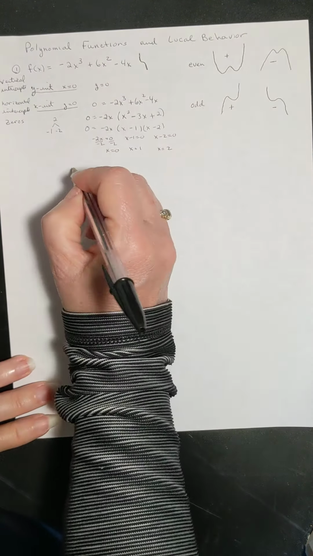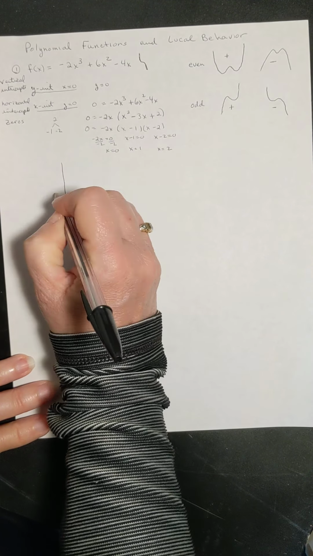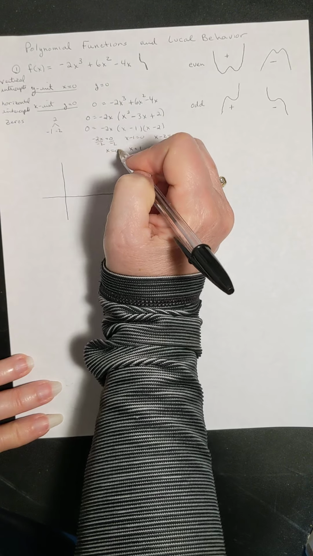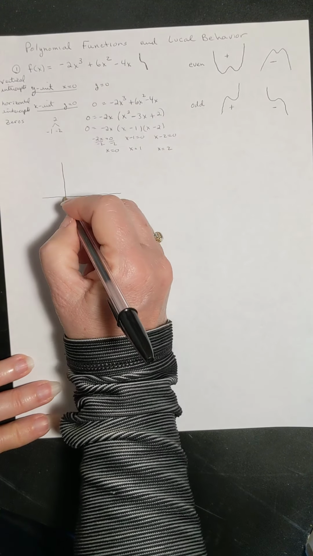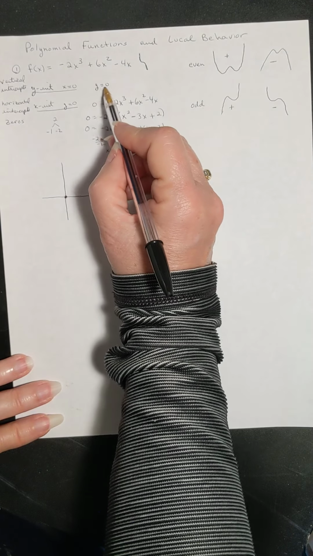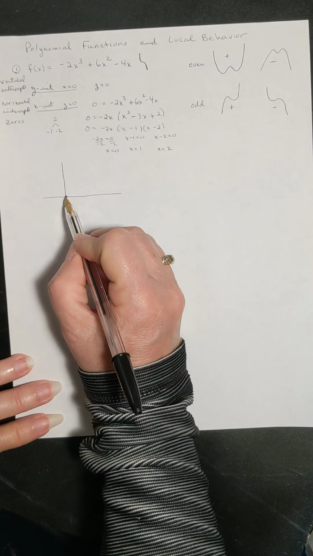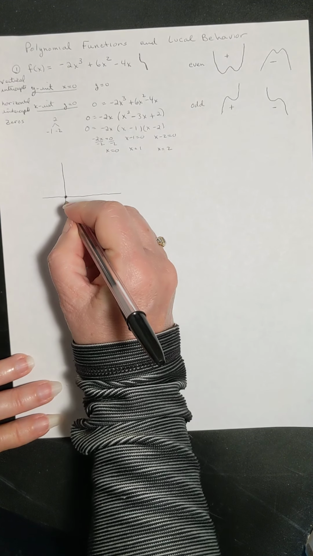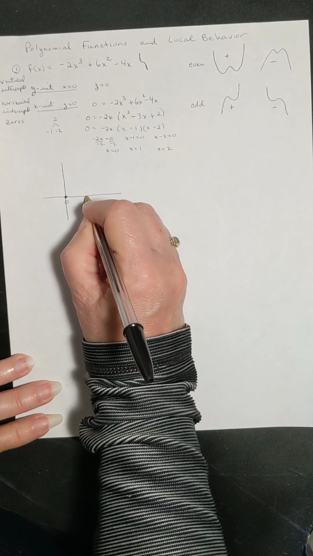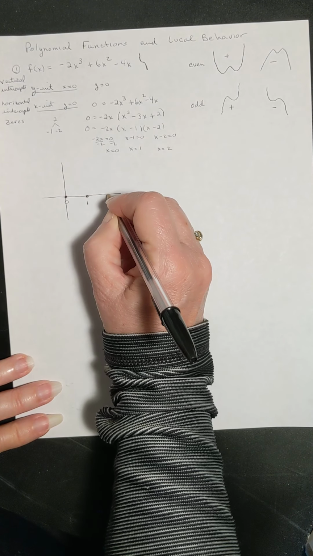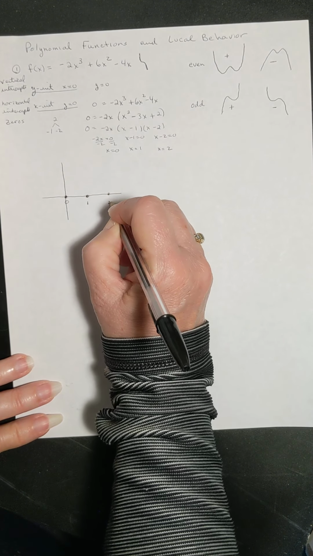So now let's draw it. So notice here that I have an x-intercept and a y-intercept of 0. And that should not be surprising, because if the y-intercept is 0, it means it hits at the origin, so you'll also have an x-intercept at 0. And then I'll have an x-intercept at 1 and an x-intercept at 2.